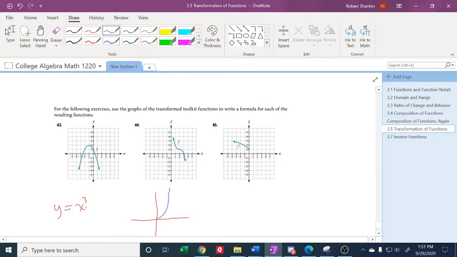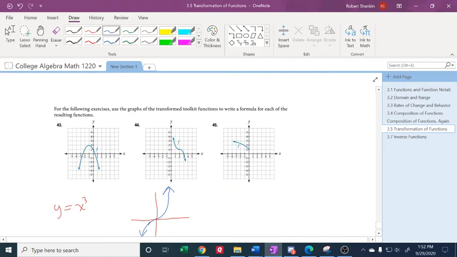When x is negative, you're going to get negative values because it's an odd power. So y equals x cubed is kind of like a steeper parabola for the right half, but because it's an odd power, like negative 2 to the third, it's going to give you negative 8. So it gives you this. So that's the basis function for this one.